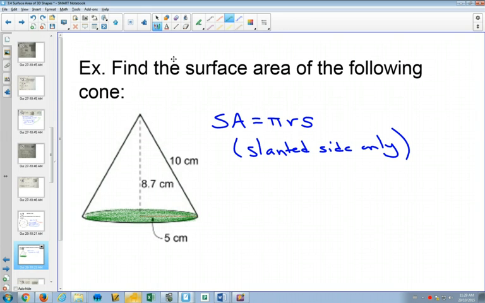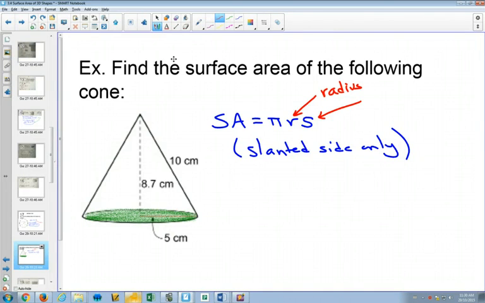So first, let's just find the surface area of that slanted side. When they say the slanted side, that's this part, the cone that goes all the way around. So all we need on this formula, there's an r. That r stands for the radius again. And we have a new variable here, so we have to learn what this s stands for.